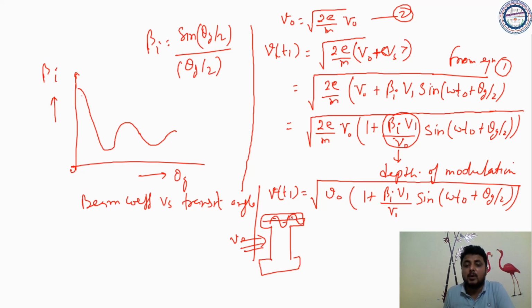So we have positive half cycle, negative half cycle, and 0. At 0, Vs means V1 amplitude will be 0, so this term will be directly 0. That means V of T1 is nothing but V naught into (1 plus 0), means square root of V naught.